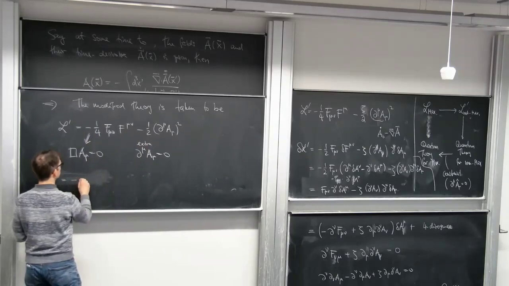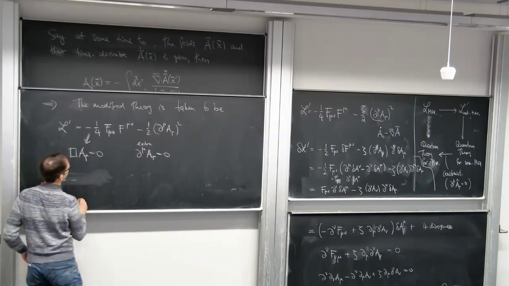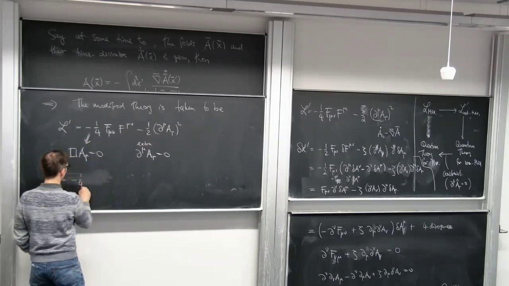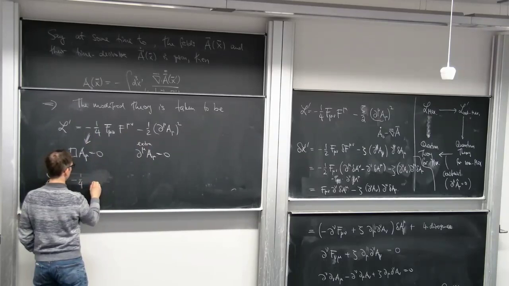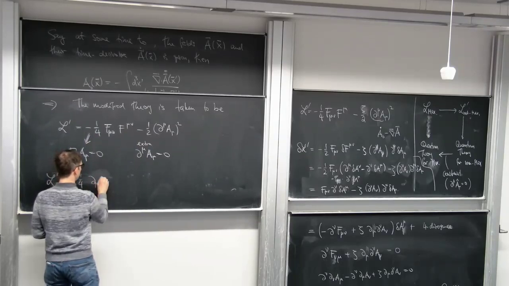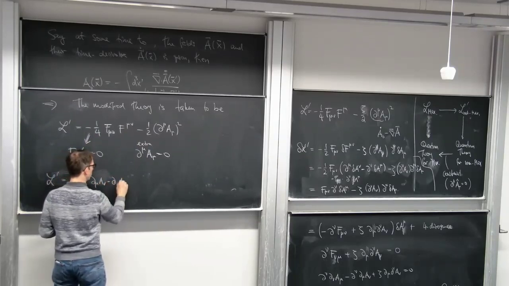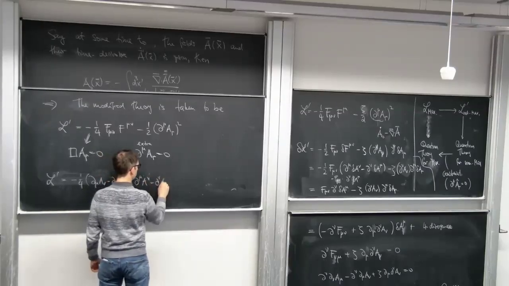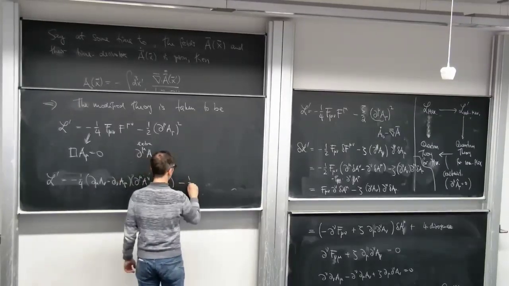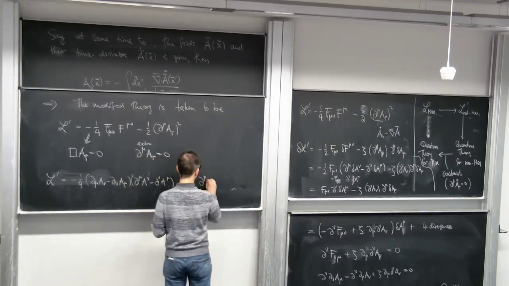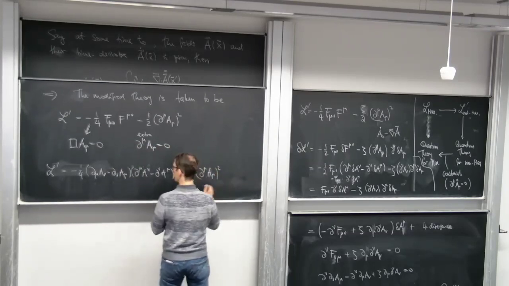So this is minus 1/4, wait, I'll write ∂_μ A_ν ∂^μ A^ν minus ∂_μ A_ν ∂^ν A^μ, and so on, minus 1/2 (∂_μ A^μ) squared.